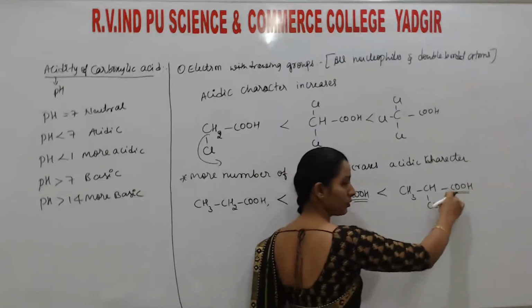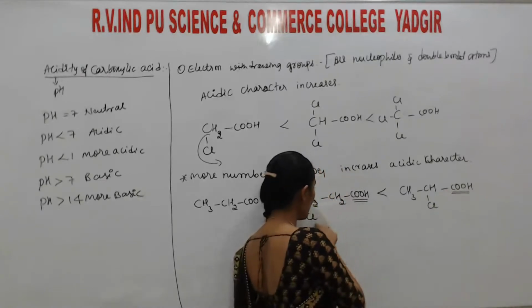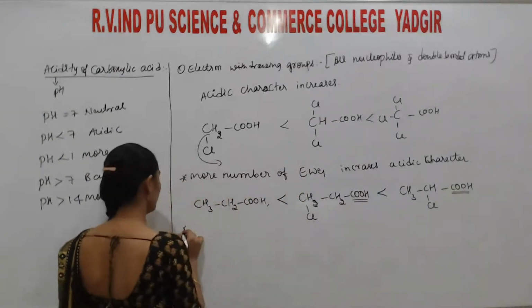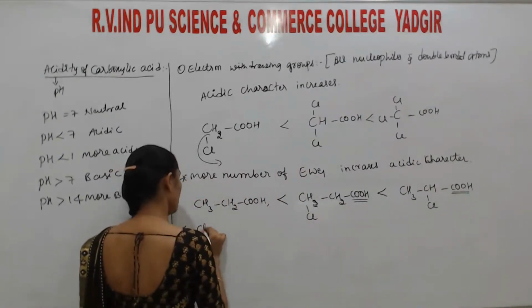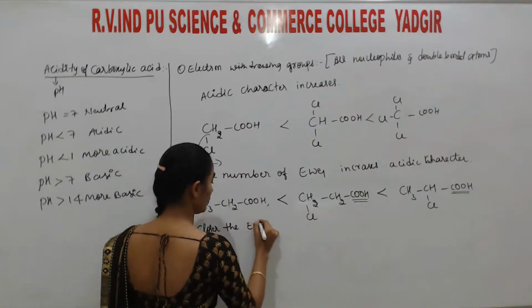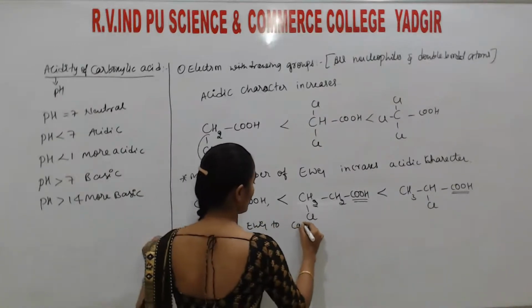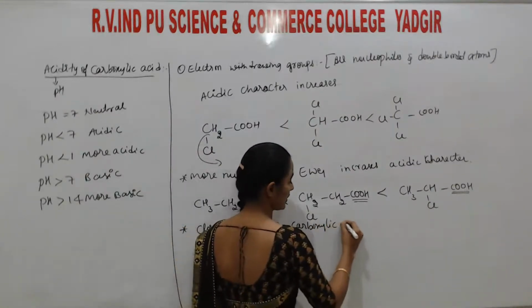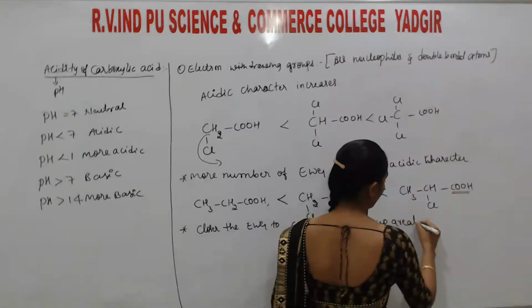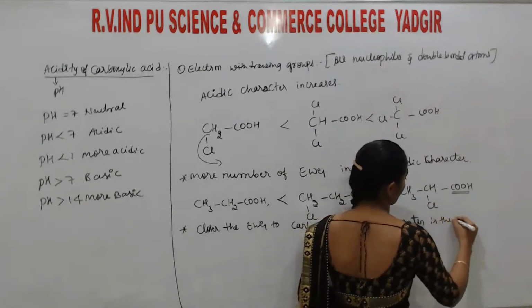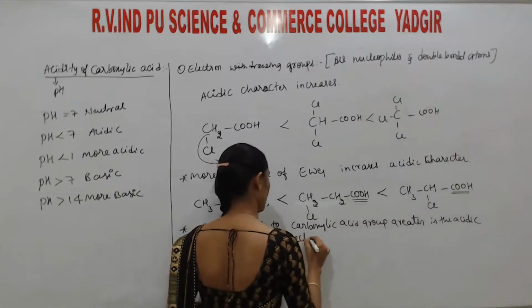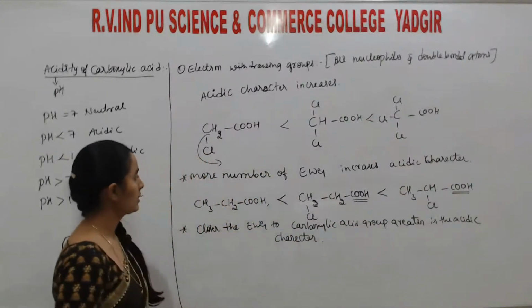This Cl atom is nearer to the COOH group, but this Cl atom is somewhat far away from it. The closer the electron withdrawing group to the carboxylic acid group, the greater is the acidic character.